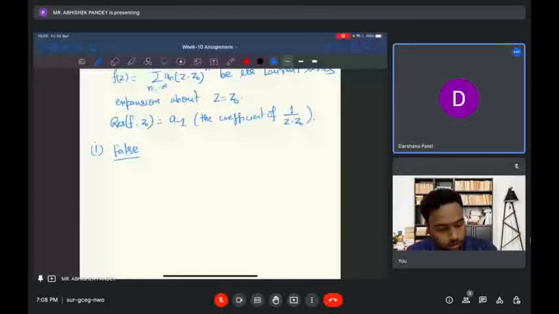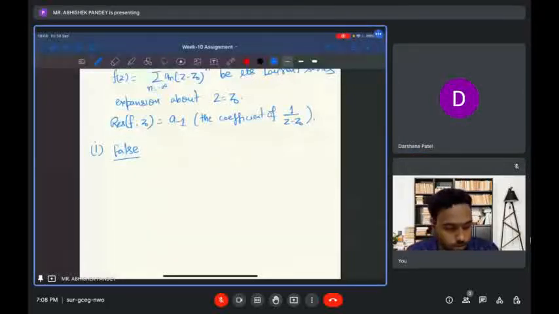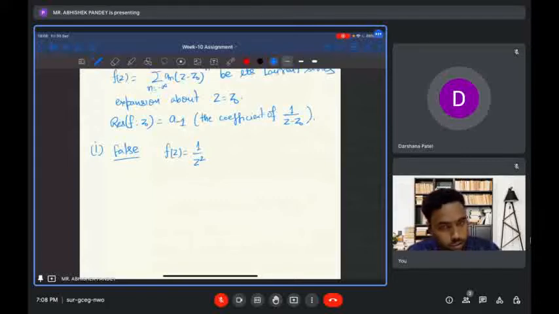Okay, fine. So the first option is false. You can take f(z) equals 1 by z square. The residue of f at 0 is what? It is 0, isn't it?